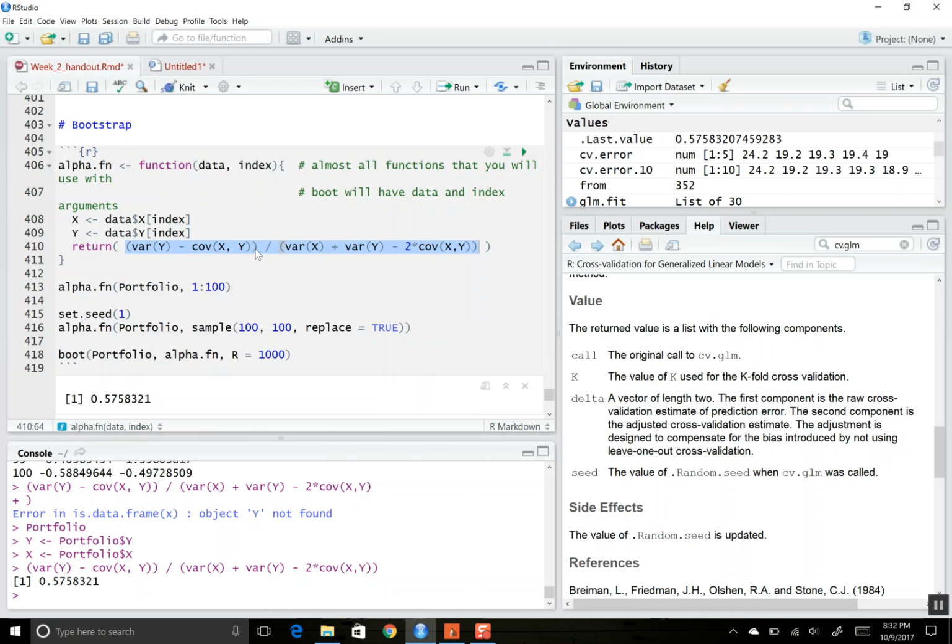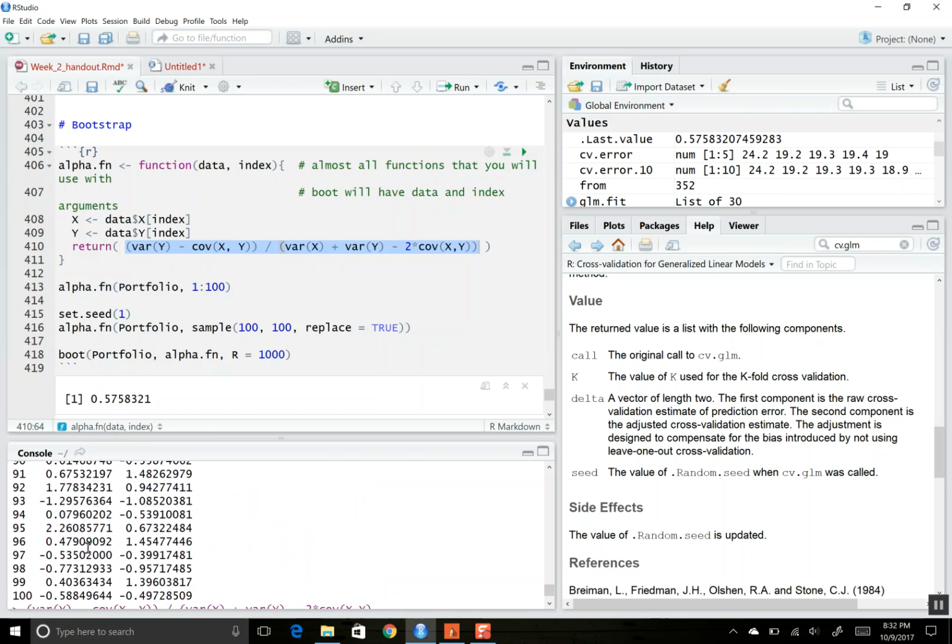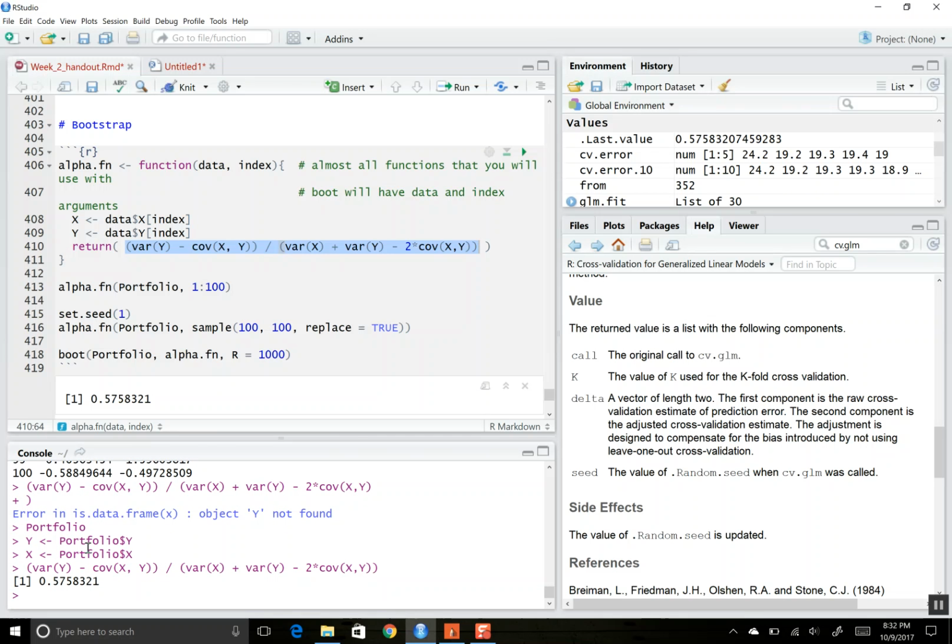The example I drew on the board was we were calculating the sample mean, but it could be something else. Maybe it's the covariance that you're interested in, or the median, or whatever it is, okay? You're calculating some kind of statistic. In this case, it's a complicated value, but we just want to know what this is, okay? This number is based on the 100 random observations that I happen to have in my sample of data, okay?